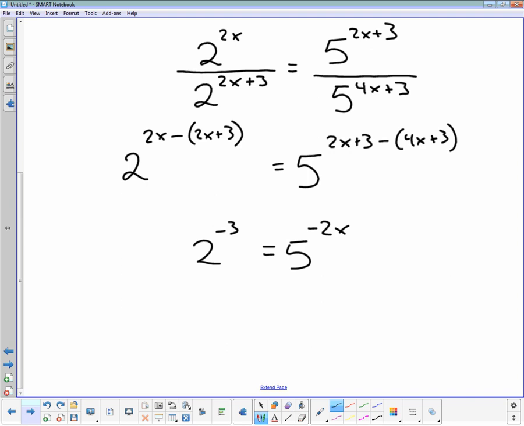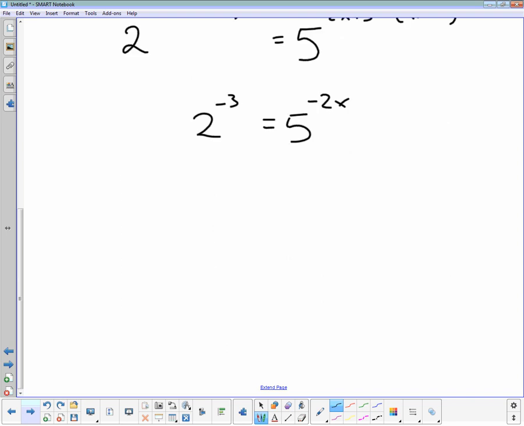And now we can take natural logs of both sides, or regular logs of both sides. Or you can turn this into 1/8. I don't care. However you want to do it from here. You could do this, if you don't like fooling with the negative in there, right?